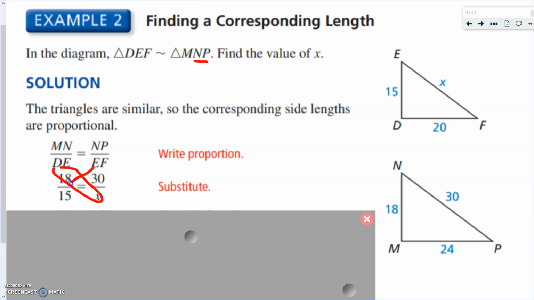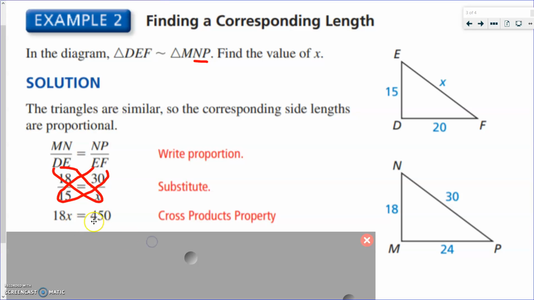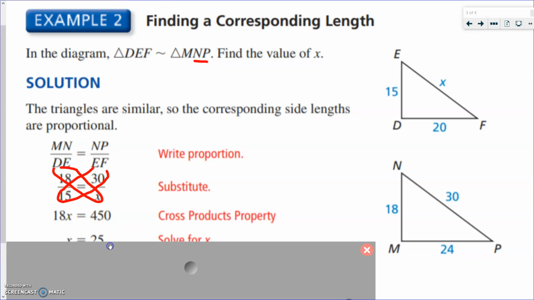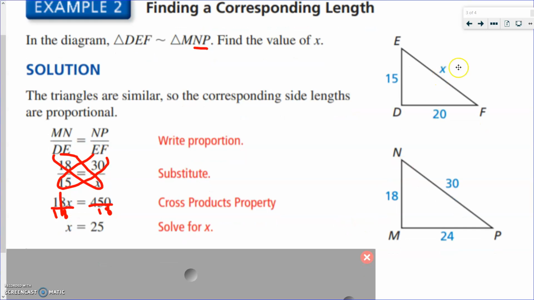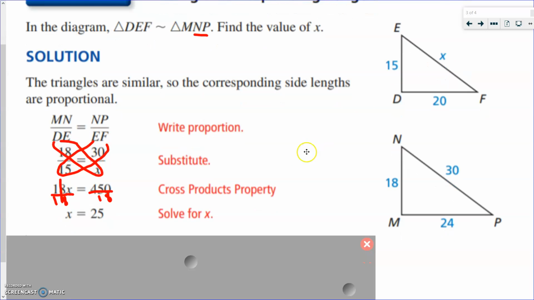We cross multiply. 18x equals 15 times 30. So 18x equals 450. To solve for x, we divide both sides by 18. 18 cancels out by 18, and we get x equals 25. So our missing value is 25.